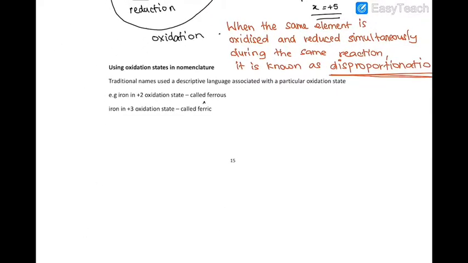Now we're going to see how we can use oxidation state in nomenclature. Sometimes you have compounds where the same element can have variable oxidation state. For example, here you have iron with oxidation state +2, which used to be called ferrous oxide.